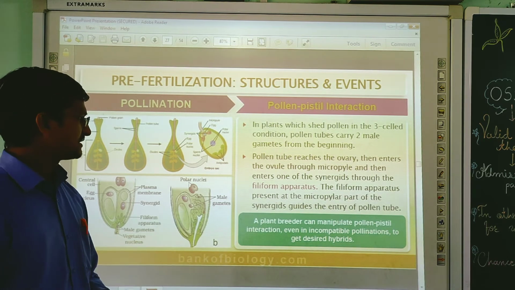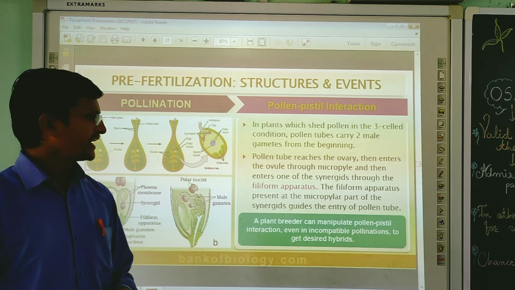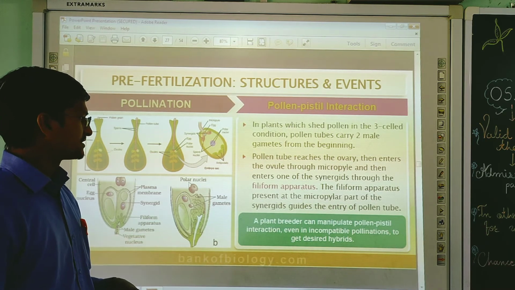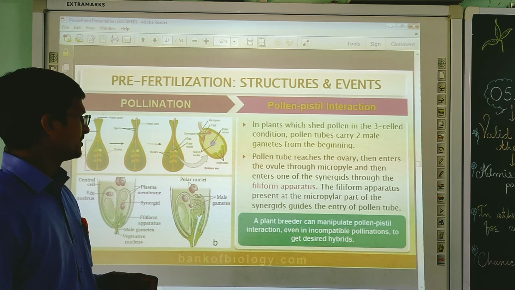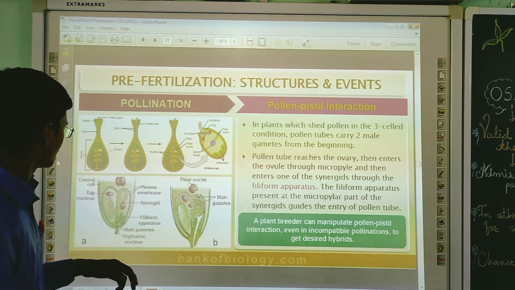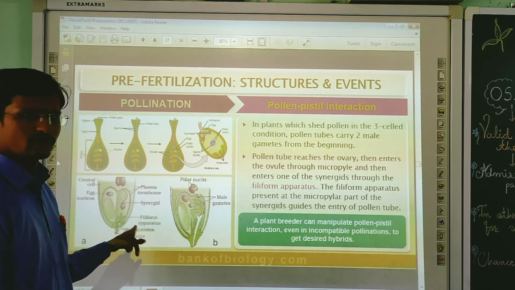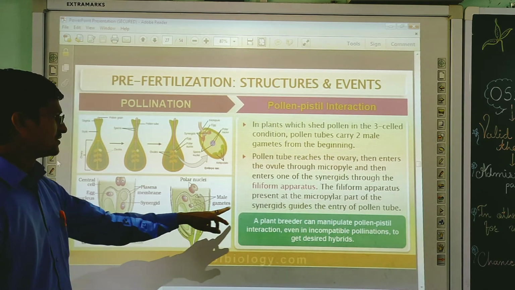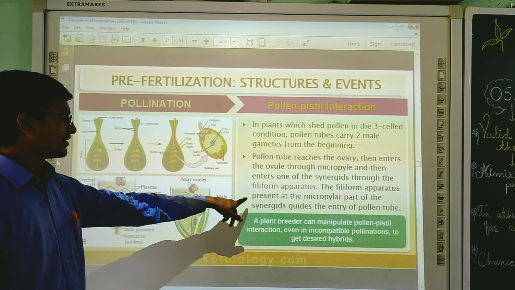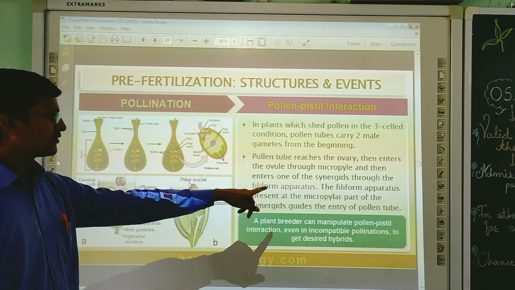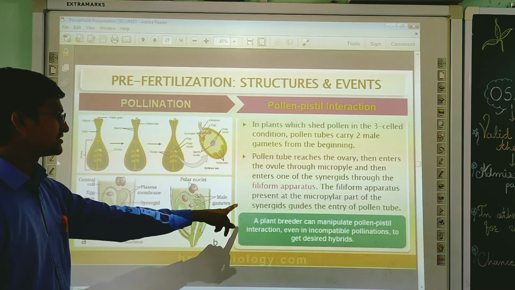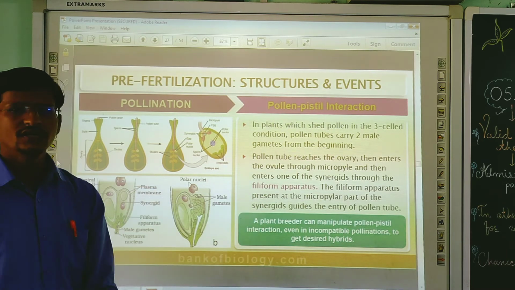The filiform apparatus is present at the micropylar part of the synergid to guide the entry of the pollen tube. So you can see the filiform apparatus. Here you can see filiform apparatus. Their function is at the micropylar part of the synergid to guide the entry of the pollen tube.